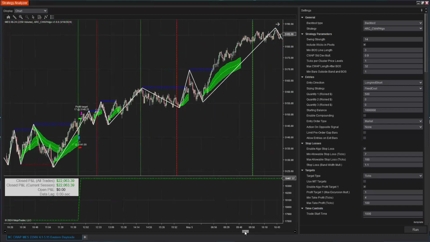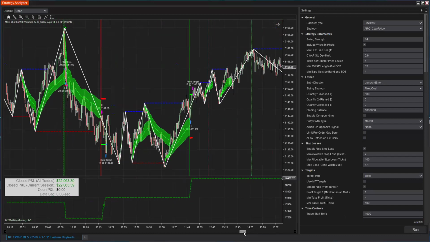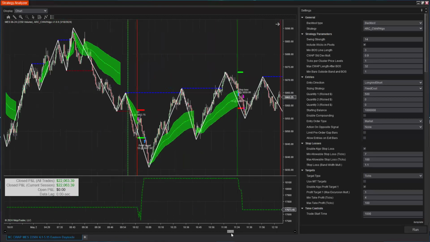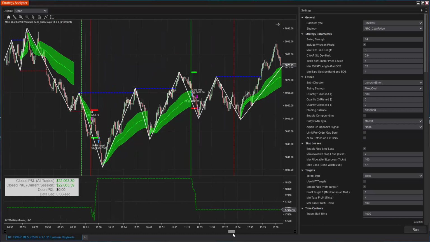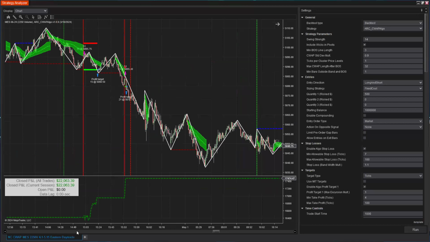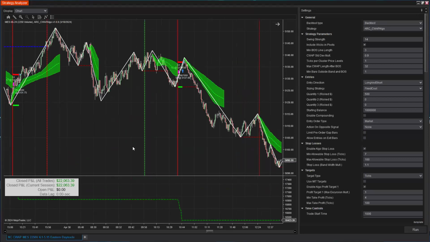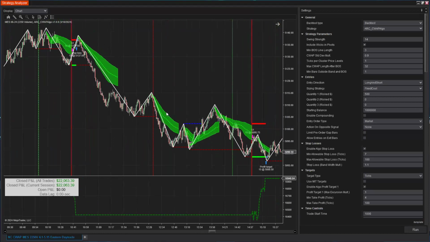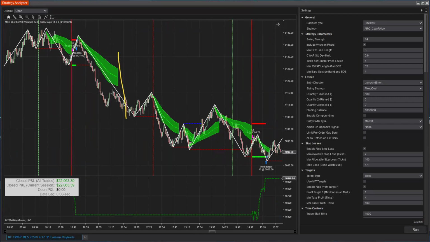Let me see. That one traded. You might have to have a longer length setting to see it, but oh, here we go. So you see how this CWAP kind of cuts off here and just stops plotting?